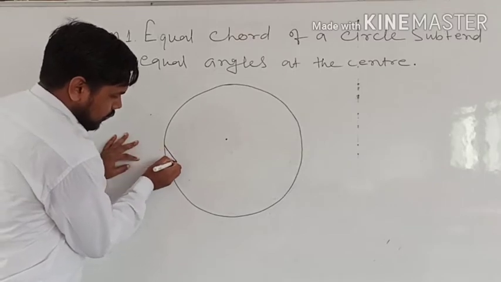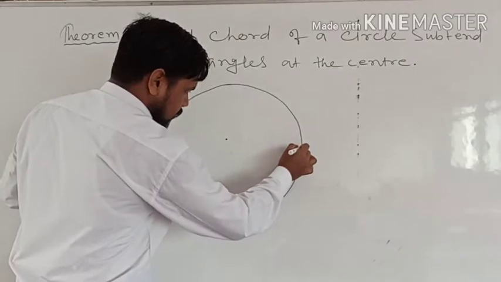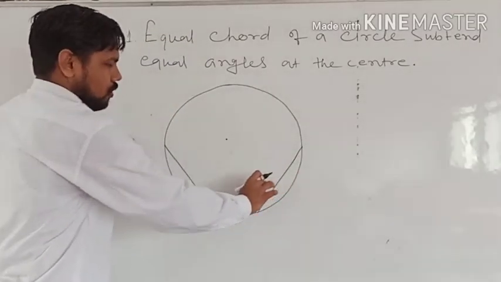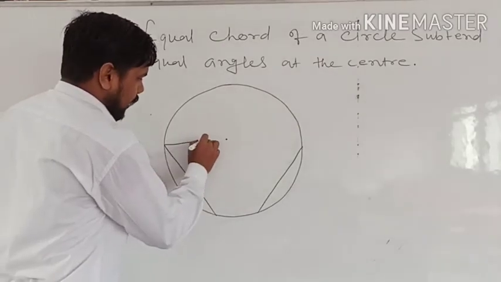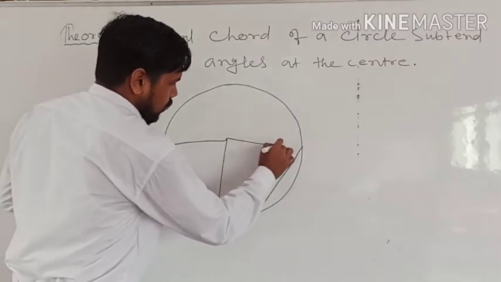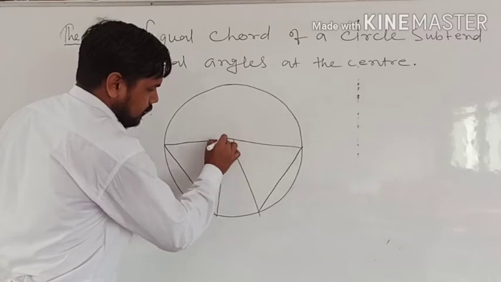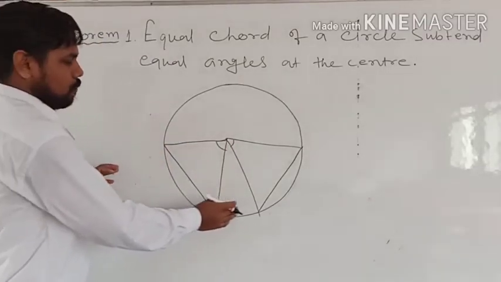One is this, another is this. Suppose these two chords are of equal length, and you have to prove that the two angles they form at the center, this angle and this angle, will be equal. This is the most important thing to understand.